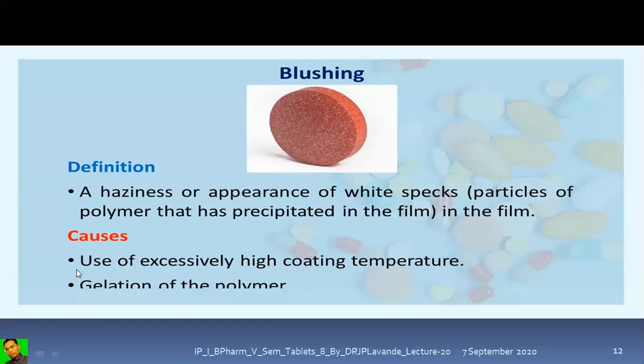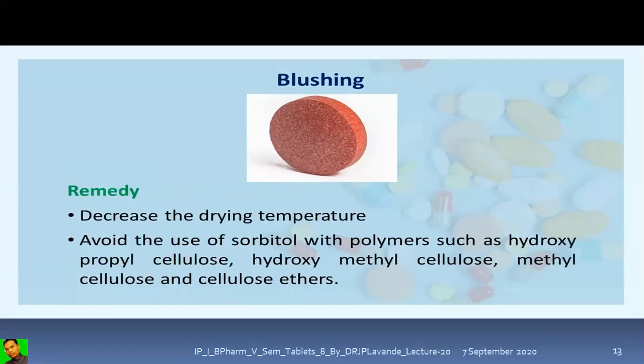What will be the cause? Use of an excessively high coating temperature. If the coating temperature is too high, that will lead to the blushing effect. Gelation of the polymeric material, the gel formation of the polymeric material, will cause the blushing problem. Now, in order to treat this, we can decrease the drying temperature.